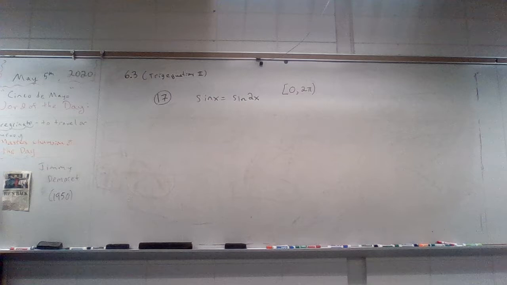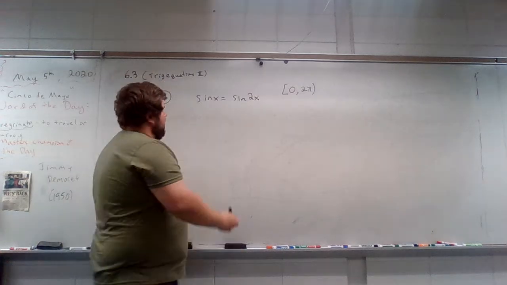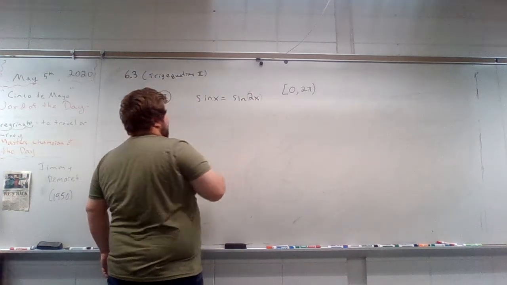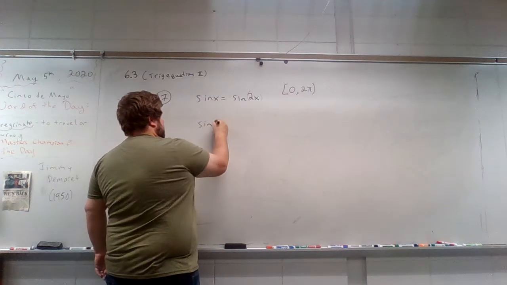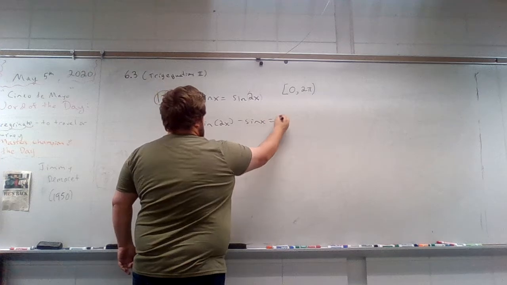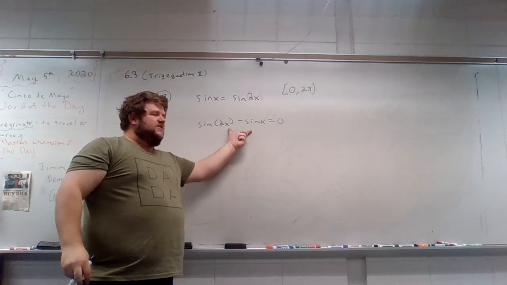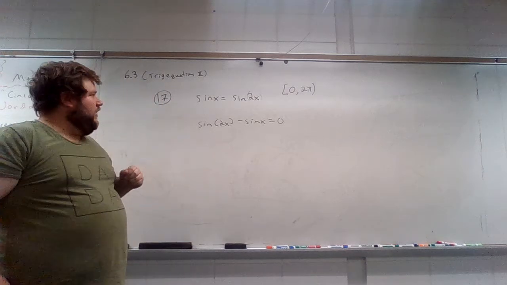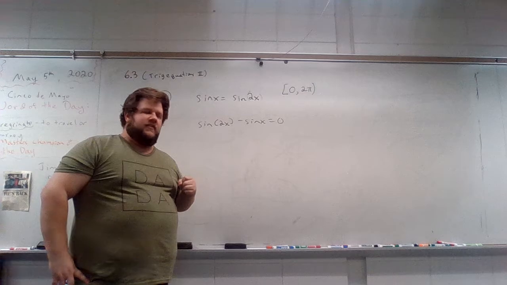So I'll look at that equation and let me point out what you can't really do. If I were to subtract the sine x over, I get sine of 2x minus sine x. Hopefully you see that those are unlike terms. I can't combine these in any way.